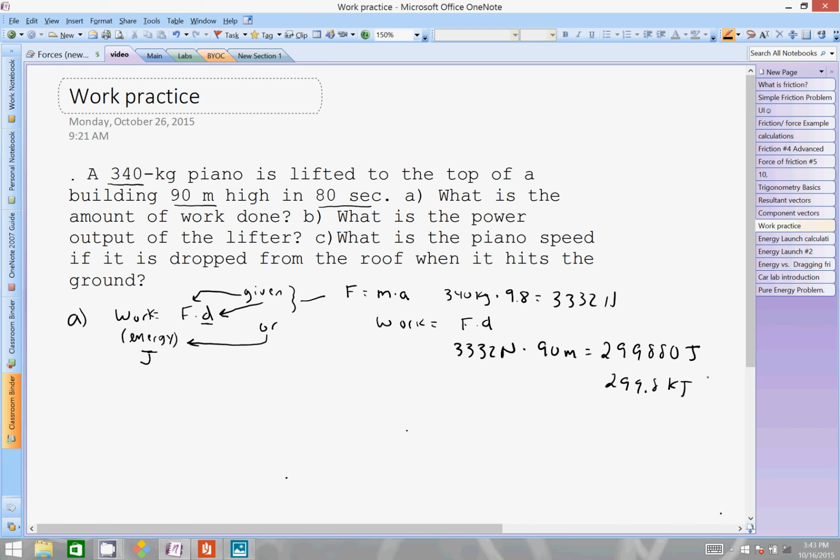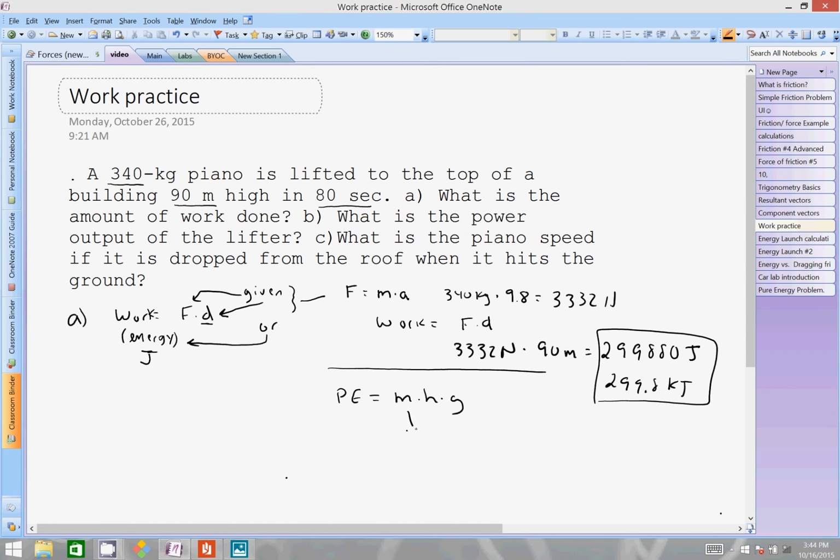A lot of times the joule is a small amount of energy, so kilojoules is sometimes your mode of answer. Either way, how do I solve this problem with just straight energy? Well, we know that energy comes in a few forms, and one form is potential energy. Potential energy is mass times height times gravity. And you'll notice that it ends up being the same calculation.